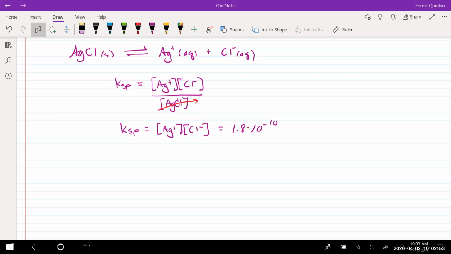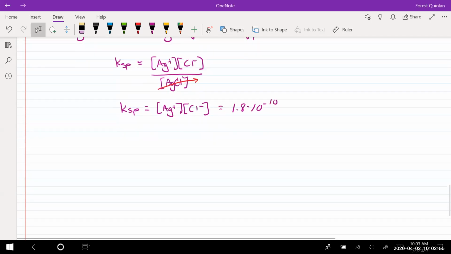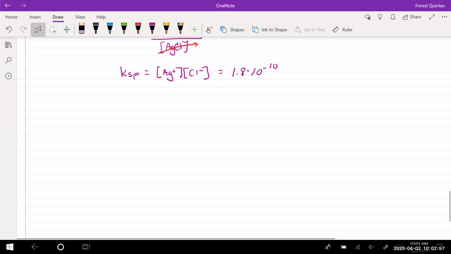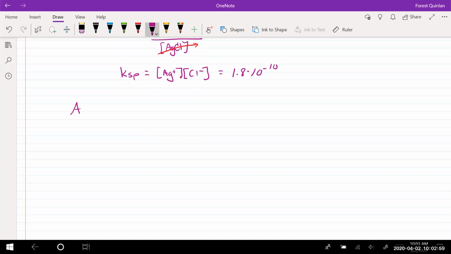All right. So let's see. What if we had aluminum hydroxide? Al(OH)3 solid. This goes back and forth to make aluminum with a 3+ aqueous and 3 hydroxides, of course, aqueous. I'm going to give this one to Chad Robbins because that's who shows up on my chat window right now.